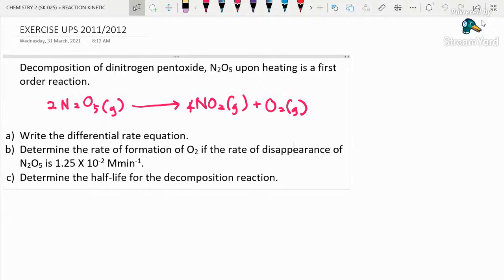Write the differential rate equation. Ni dah belajar integrated, dah tak ingat nanti differential. Macam mana nak tulis differential rate equation?